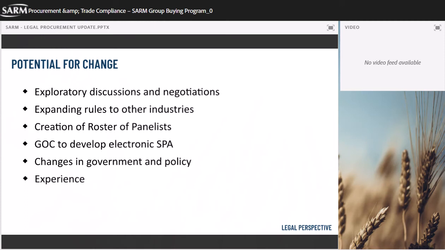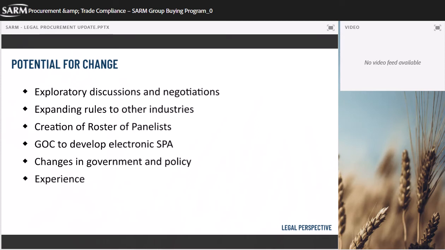So opportunities above a certain threshold will be automatically fed within the single point of access. And we're hoping that ends up being the process, that's the way that it's looking, given how onerous it is for municipalities and government bodies to post on various procurement websites. So that's something to keep an eye out for.